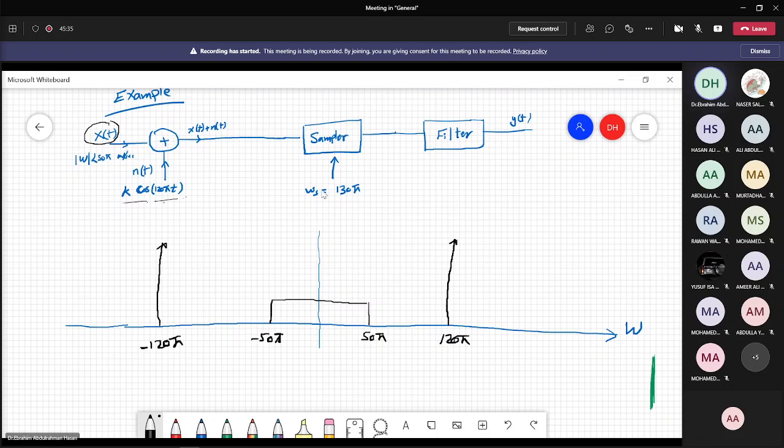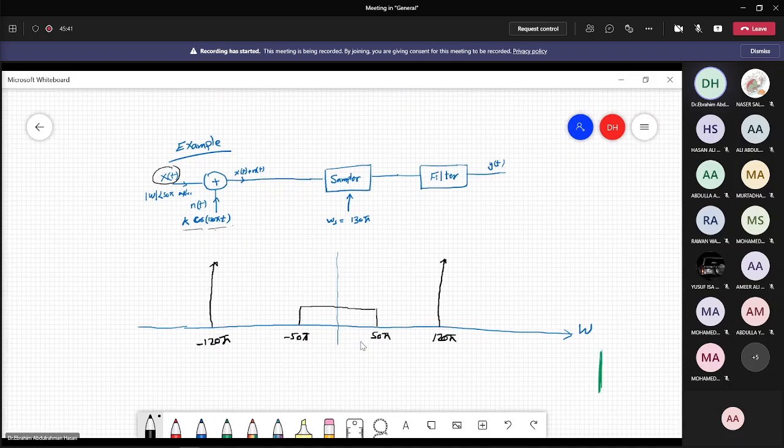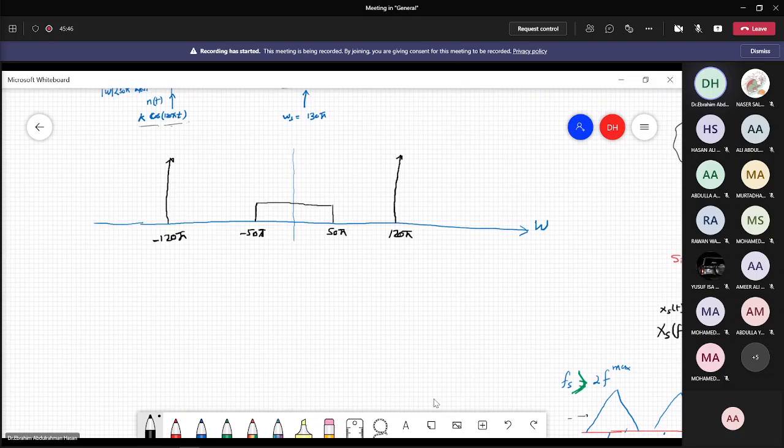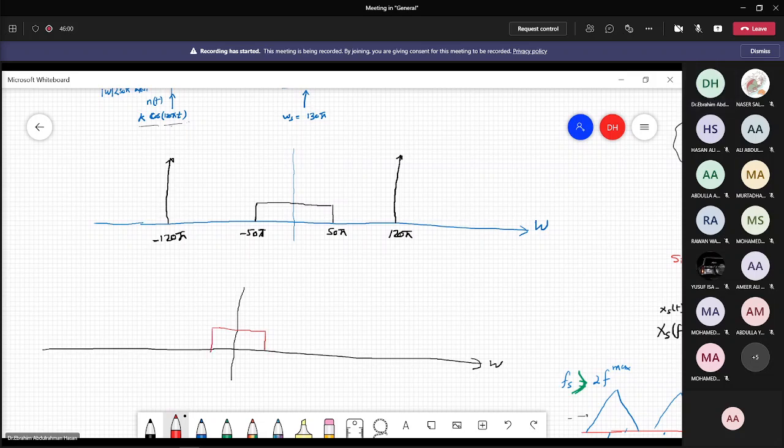So if you sample it with omega s 130 pi, what happens now? If we sample this one at 130 pi, then I will get this. I will get the original one, 50 pi minus 50 pi, and this is at 120 pi. This is minus 120 pi.